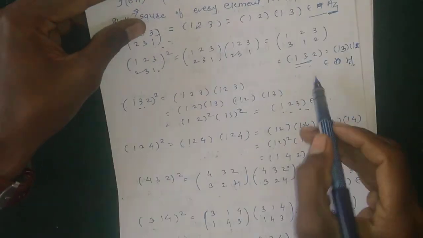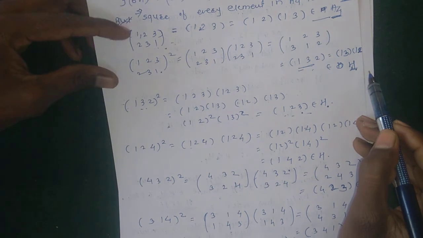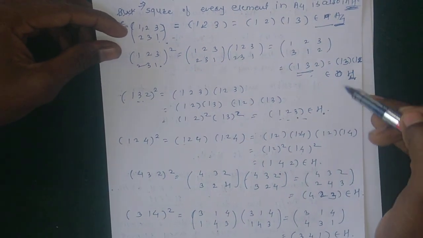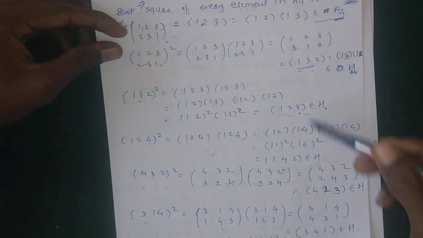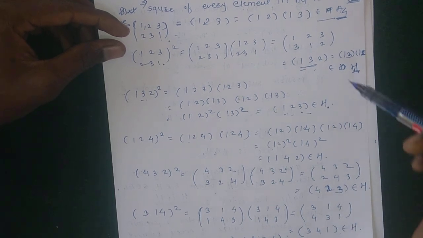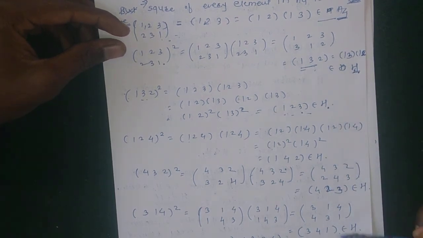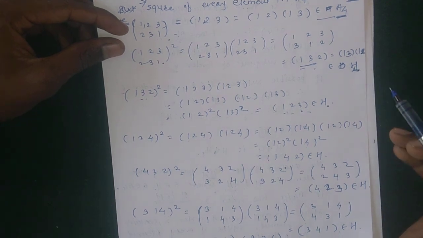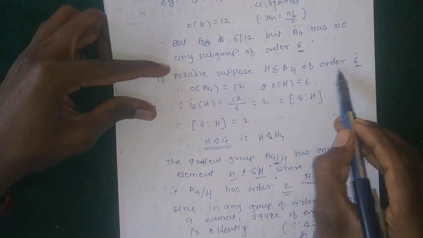All these elements belong to H, and H is a subgroup of G, which implies that H contains 8 different elements, therefore H has order 8.